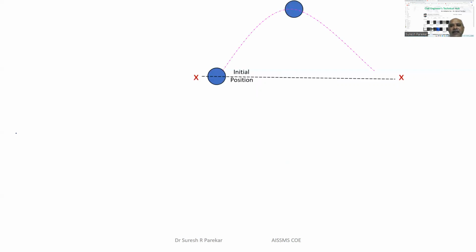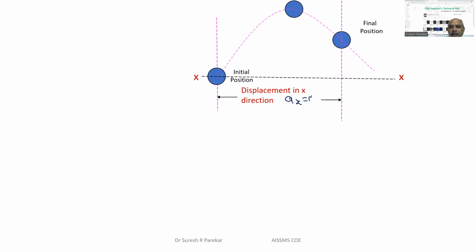Now let us consider we have this, and our ball's final position is this. Now we know we have ax equal to 0. And if I consider initial velocity u at angle theta, then how do we get x direction displacement? x equal to u into cos theta into t.